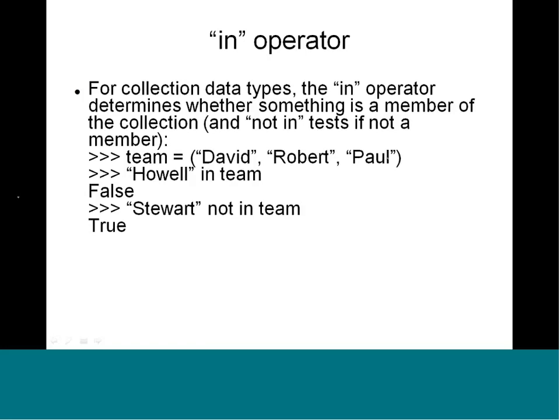Here is an example: team we define as 3 people, and then we ask whether Howell is in the team, and it says false. And then Stuart not in team. So the keywords are here basically. Then it becomes true.